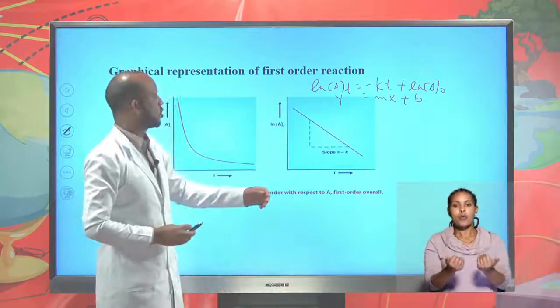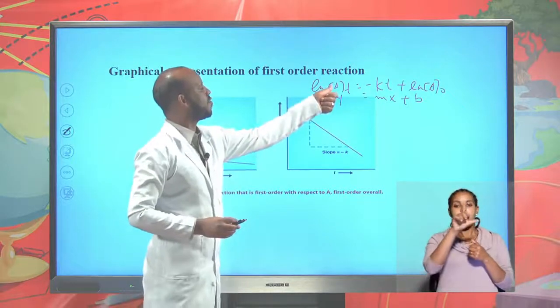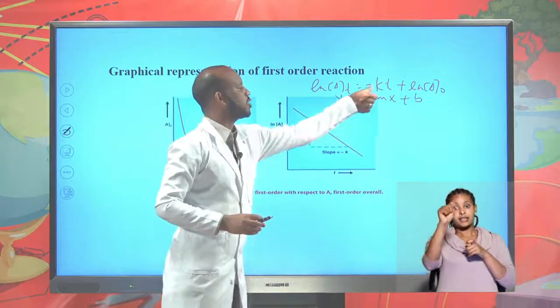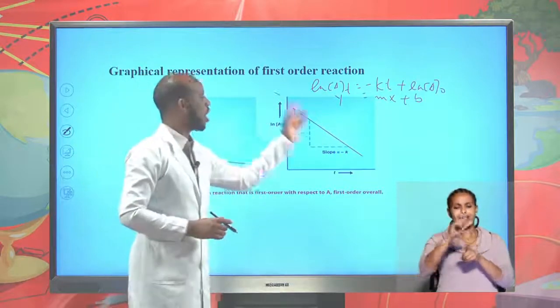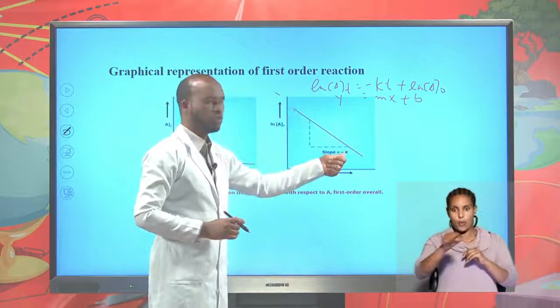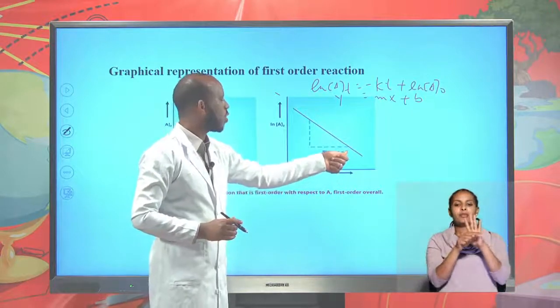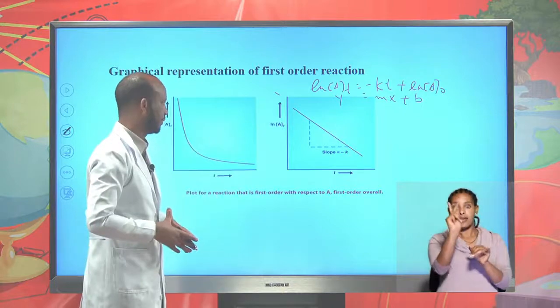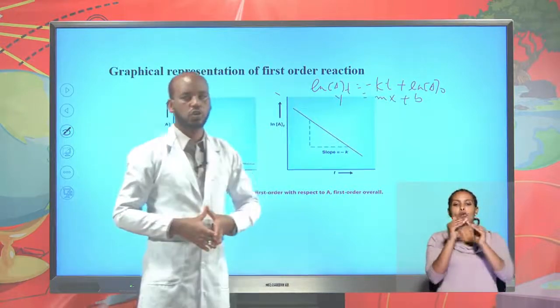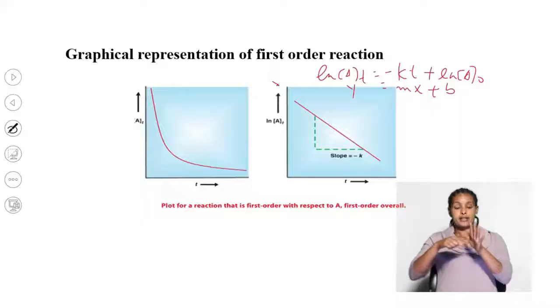A plot of ln concentration of A at any time t versus t is a straight line with slope minus k. The slope of this line is the negative rate constant k. This is the integrated rate equation for a first order reaction.